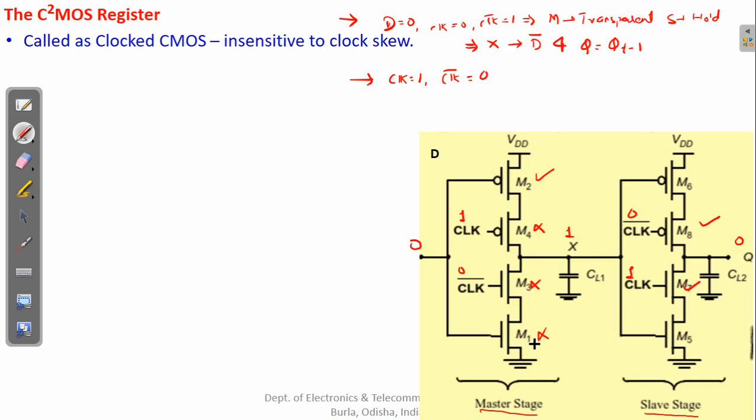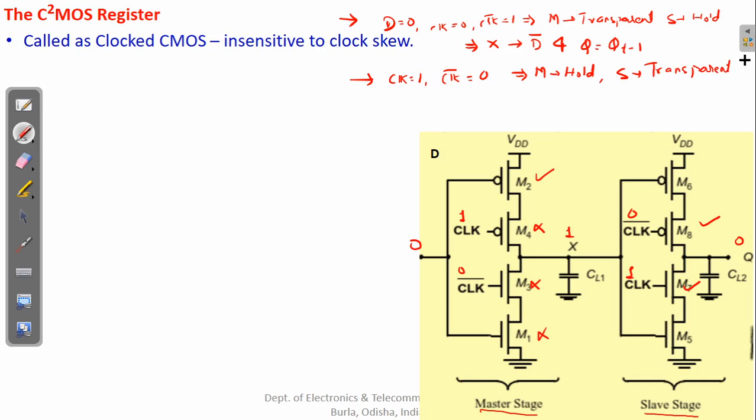So under this condition, the master is in hold mode and the slave part will be in transparent mode, as both of these two internal transistors are on. That will make node Q free to connect to either VDD or ground depending on the value of this input X. So the slave will be in transparent mode.